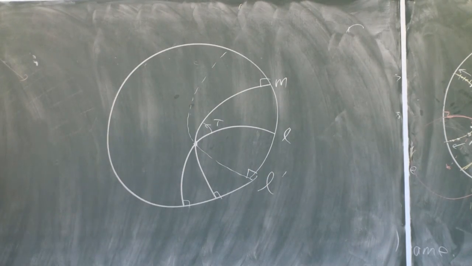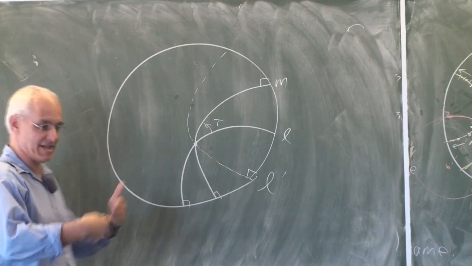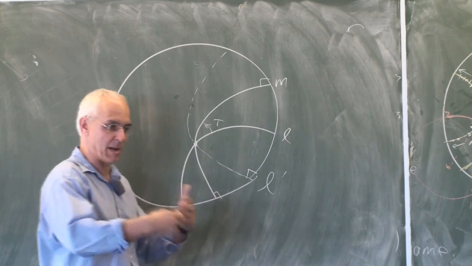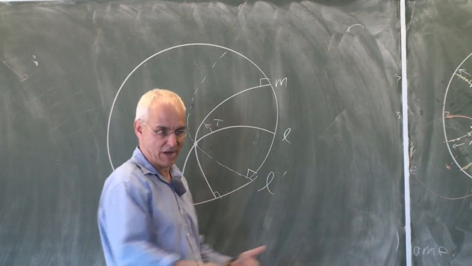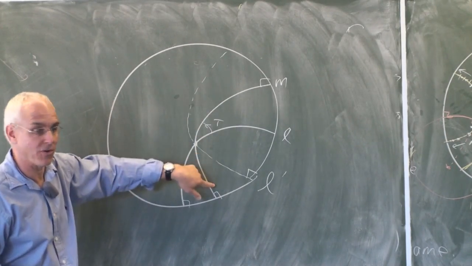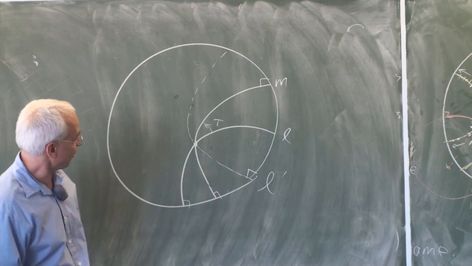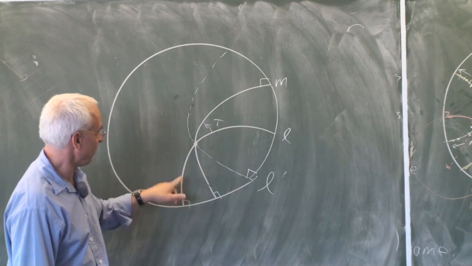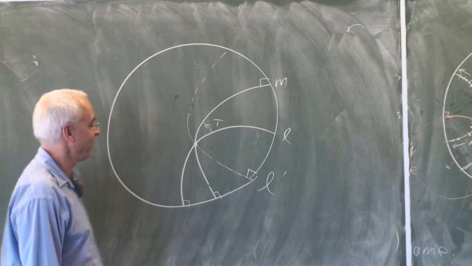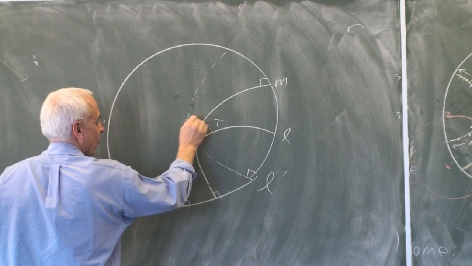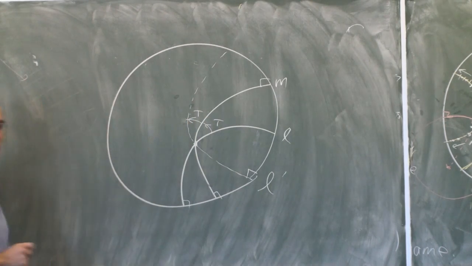Reflection is the same as inversion. From now on, I prefer to say reflection because that's what we're thinking geometrically, but it's actually an inversion in this circle here. So if you invert this circle, then this circle stays where it is, and this circle goes to another circle, that circle there. And then it'll be a fact that this turn angle will be the same as the one you've just got.